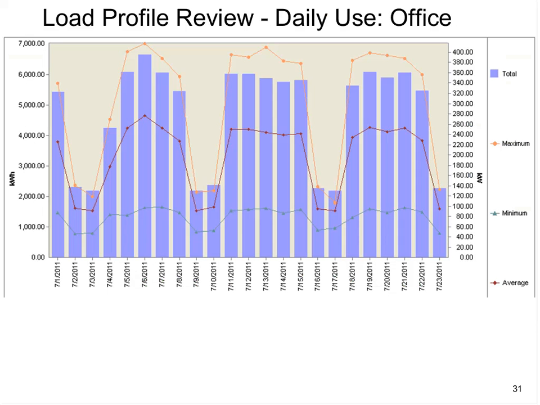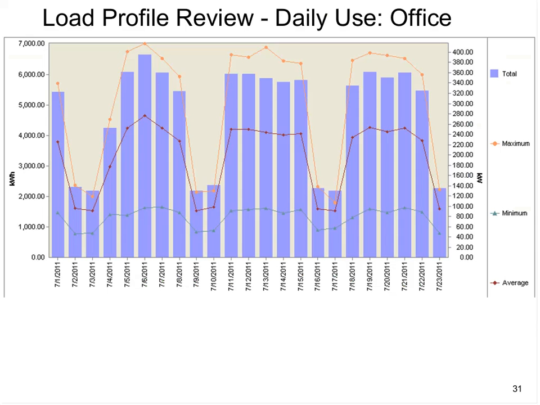Okay, this next one is a bar chart. It's pretty self-explanatory for the most part. You have your kilowatt hours used on the left and your kW demand on the right. And the blue bars in this graph are the kilowatt hours. When I look at this month's worth of usage, you notice a few things.